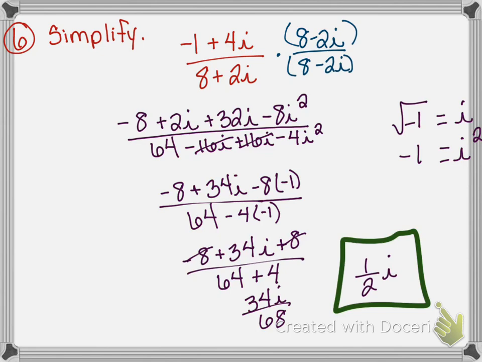Now, the next 4 problems, we are solving to find the zeros. That's what we're doing. And we have some rational zeros, we have some irrational zeros, and we have some complex zeros. So those are all the different kinds of zeros you have.